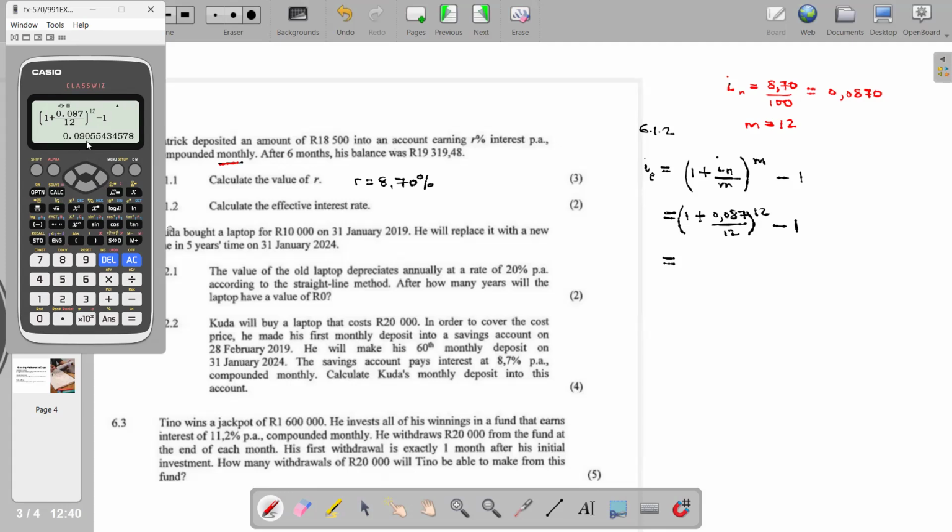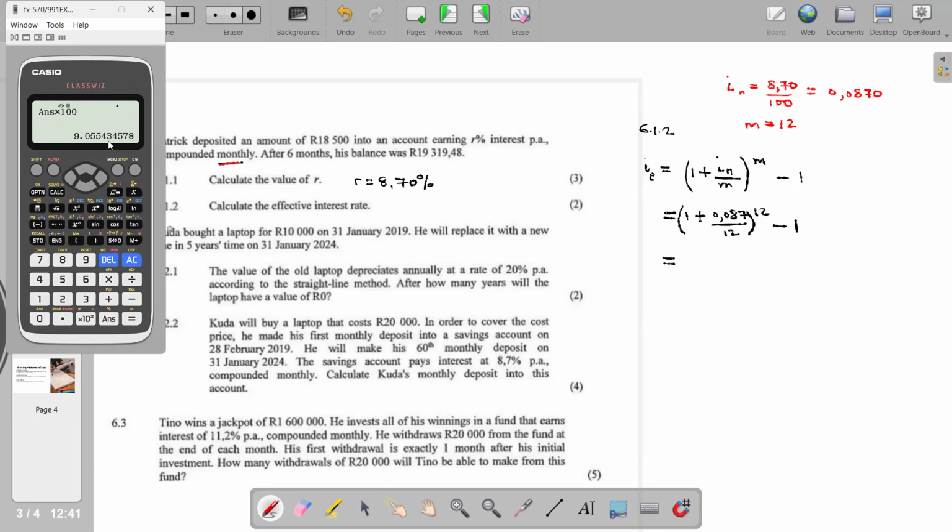That is what we are getting. That value, but if we want it as a percentage, multiply that by 100. So leaving our answer to 2 decimal places, we see we are getting that.